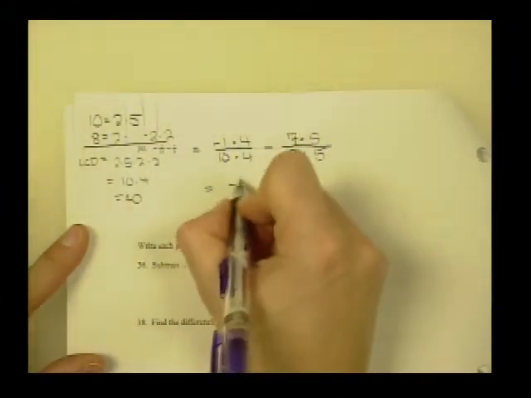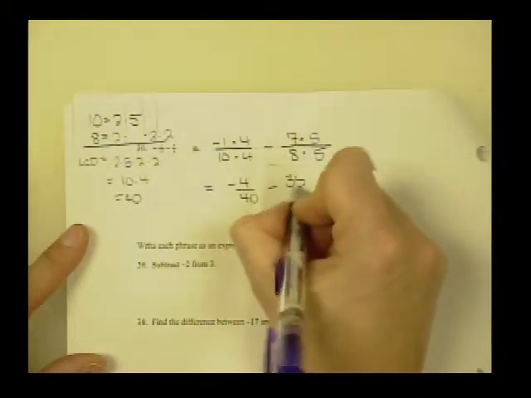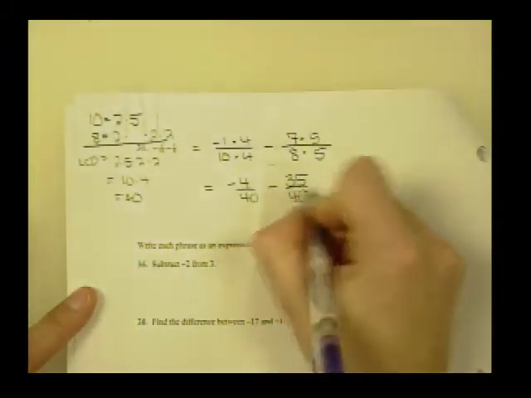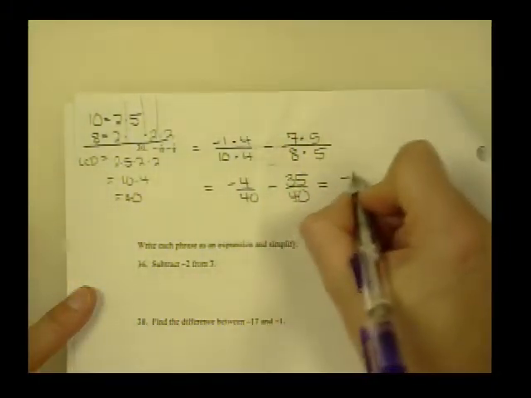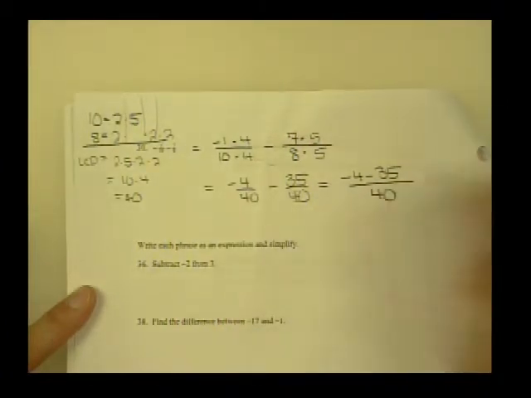So I have negative 4 over 40 minus 7 times 5, 35 over 40. So now that's negative 4 minus 35 over 40.